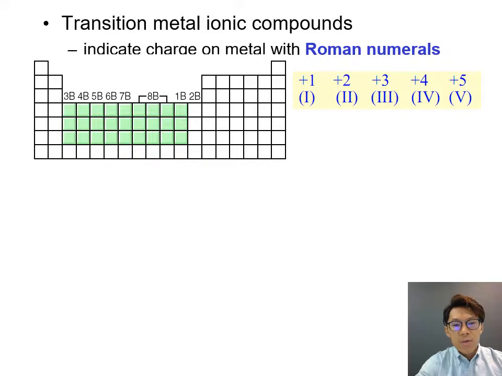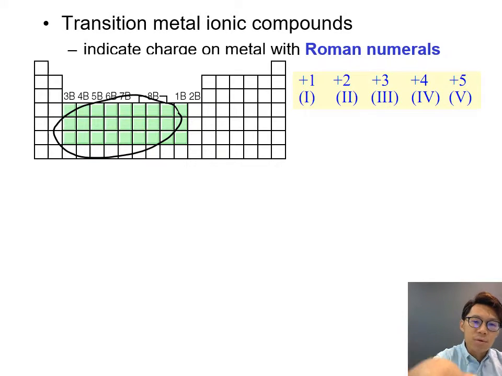Okay, next we move on to a special group of metals known as transition metals, the ones labeled in green here. Sometimes they call them the D block elements. They are metals, so once again they will form cations.